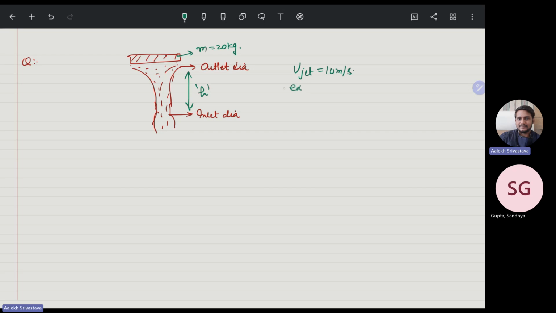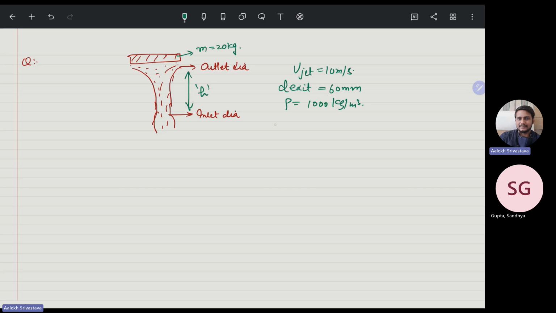Nozzle exit diameter is d exit, that is the outlet diameter, 60 mm, and density is 1000 kg per meter cube. And it asks for the ratio of this equilibrium height to the diameter of the jet.